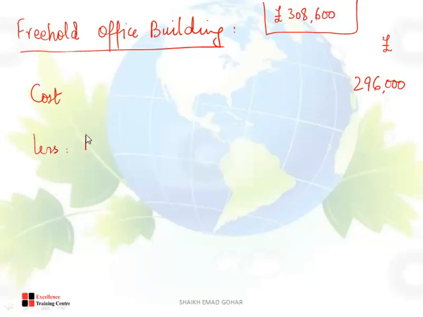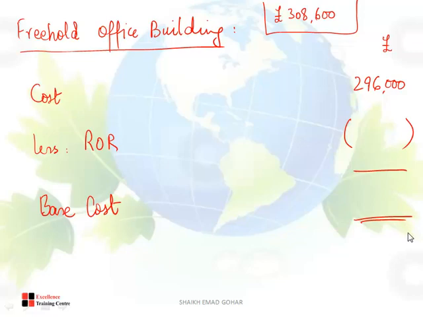Less rollover relief, and the base cost will come. Now tell me, how much am I keeping in my pocket? What is 308,600 minus 296,000? 12,600 I am keeping in my pocket.